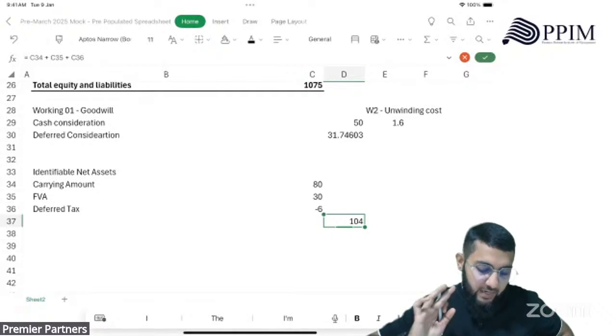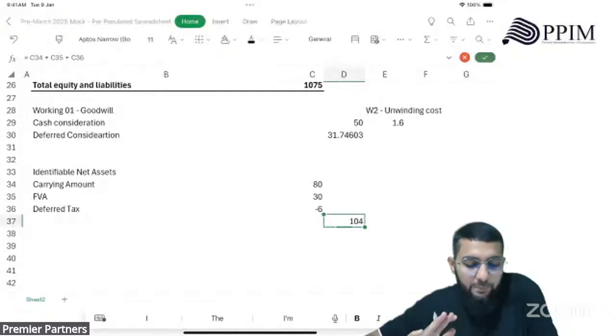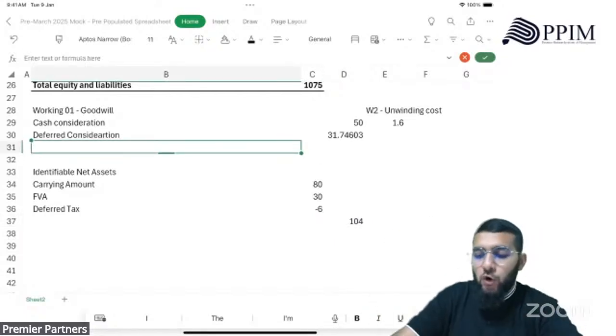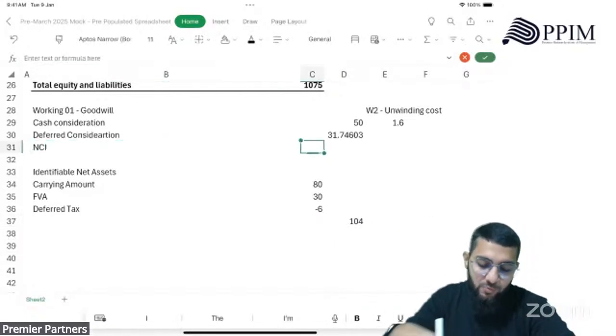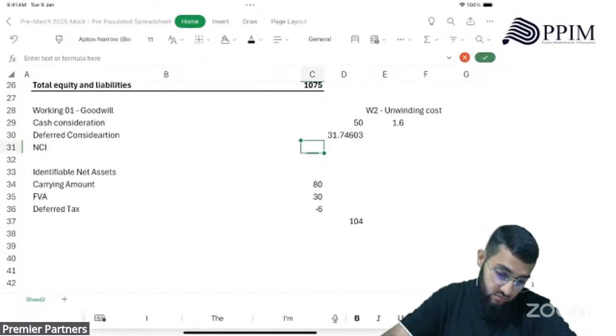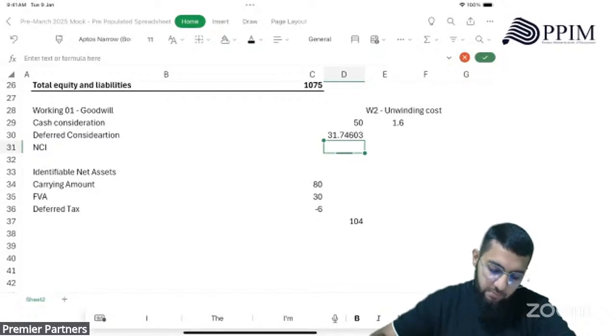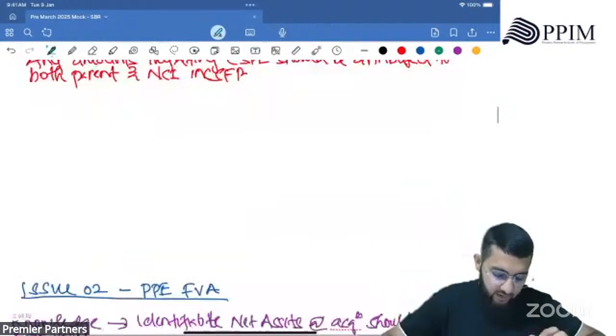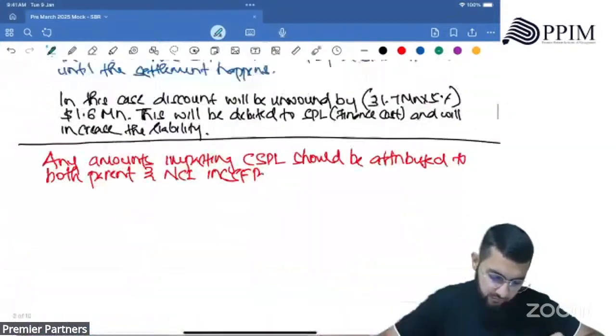That is our identifiable net assets, not 80. What has happened? They had used 80 and calculated NCI here. So NCI was 80 into 40%. Well, it's actually supposed to be 104 into 40%. All right. We have the NCI figure, so we can calculate that. But let's go and do the issue discussion and come back and do the calculation.